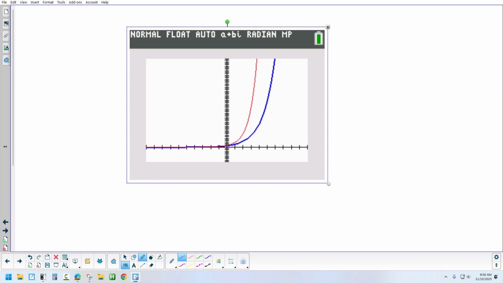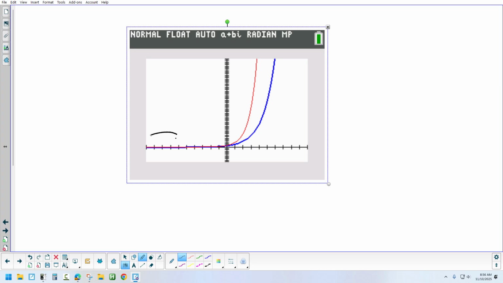Yep. One increases faster. The red one has a faster rate of change than the blue one. It is increasing faster, especially when x starts to approach infinity. Yeah, the blue one is steep too, but it's not as steep as the red one. So the bigger you make that base, the faster it starts to increase. That slope starts to get steeper and steeper.